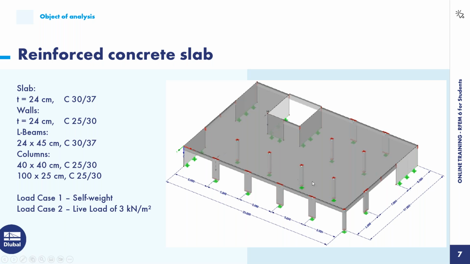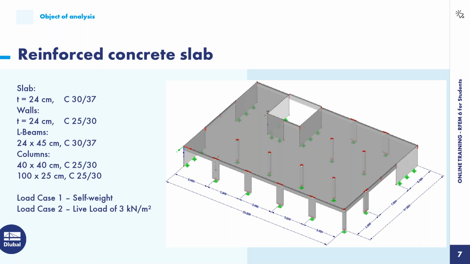We will have a concrete slab that is supported by columns and walls, and we have ribs placed there, and we have the materials listed. We have a C30/37 for the slab and the ribs or L beams, and a C25/30 for the walls and the columns. And we have two load cases, self-weight and live load.